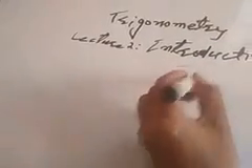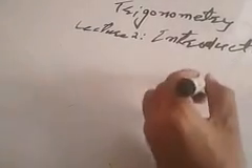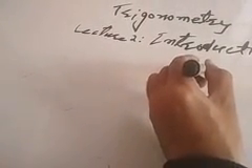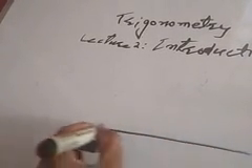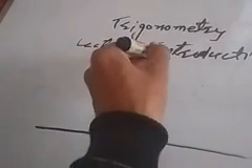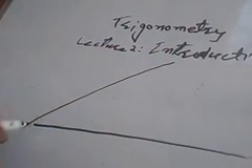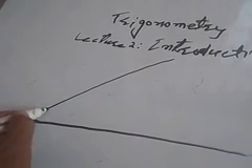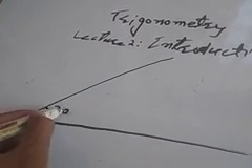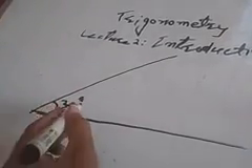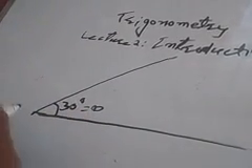For instance, we have a right triangle. Suppose we have an angle A. This angle is, say, 30 degrees. Suppose theta here is equal to 30 degrees.